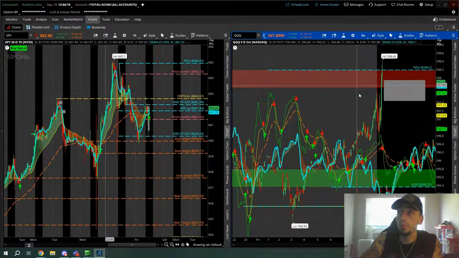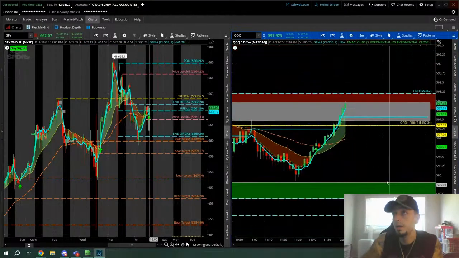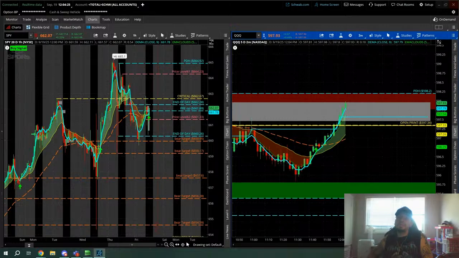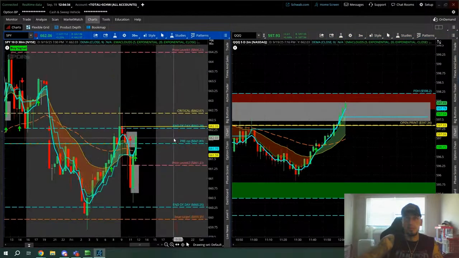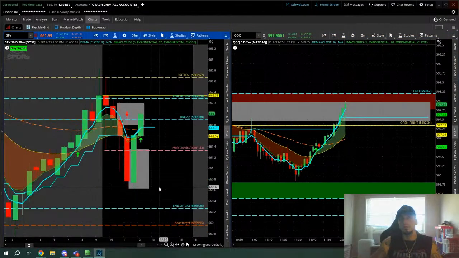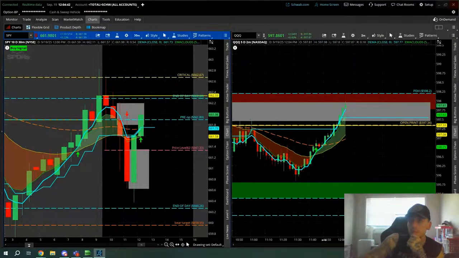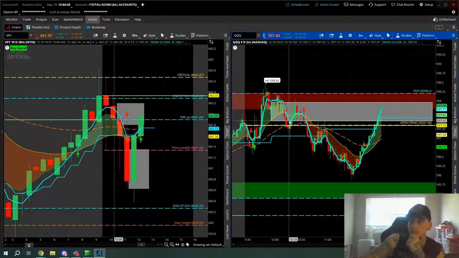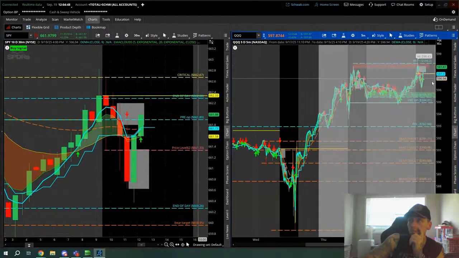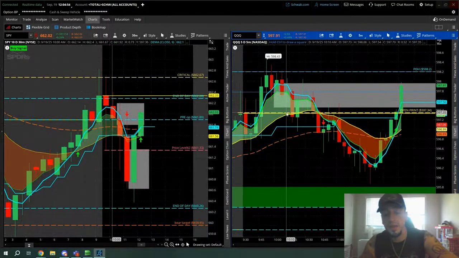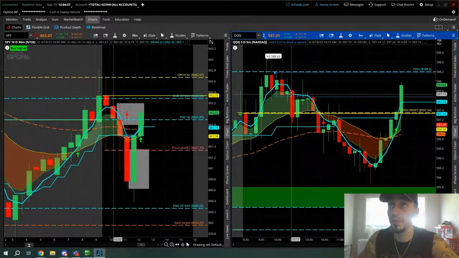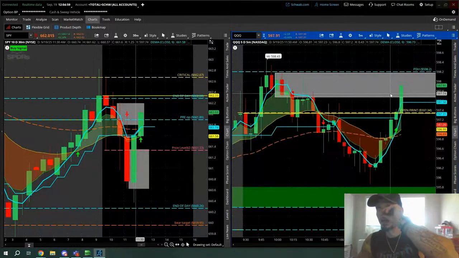NQ is just rallying. All right, getting rid of that supply zone. I don't want it to screw with my head and make me assume shorts. Let's see what happens here.